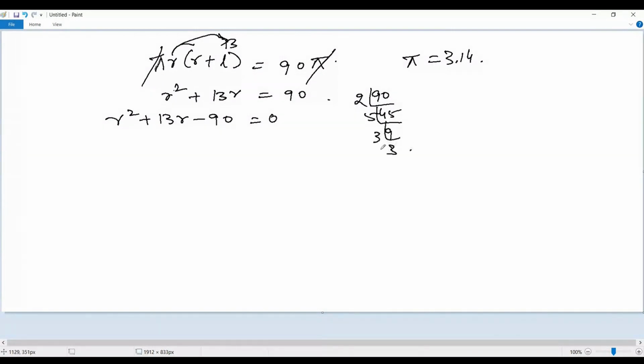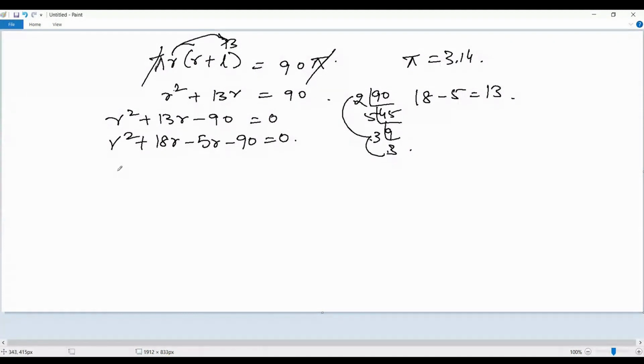So here you have to do 2 fives are 10, 10 minus 9, no. 2 threes are 6, 6 threes are 18. So 18 minus 5 is 13. So r squared plus 18r minus 5r minus 90 equal to 0.